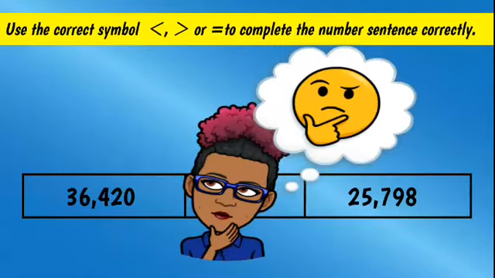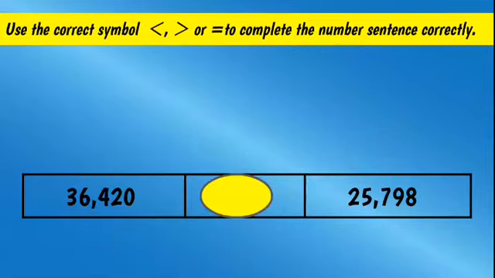Another example again. Use the correct symbol, less than, greater than, or equal to, to complete the number sentence correctly. So our numbers, 36,420, is it less than, greater than, or equal to 25,798? So we compare, starting from the left.